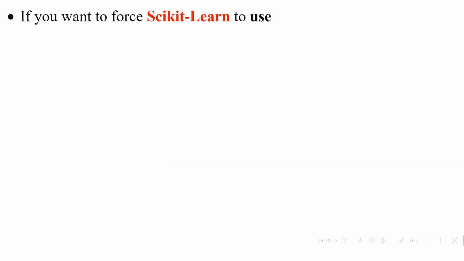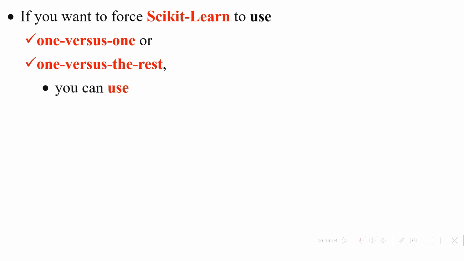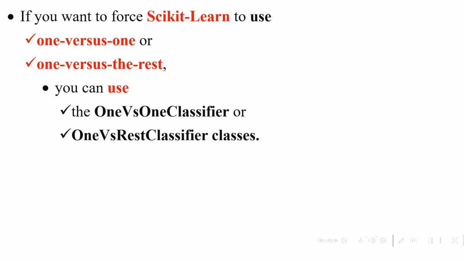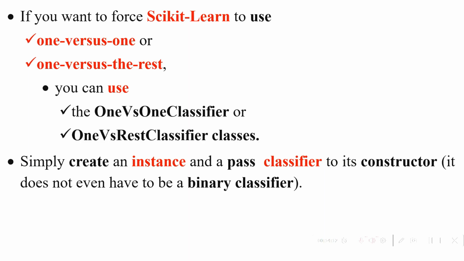If you want to force scikit-learn to use one versus rest or one versus one, you can use the OneVsOneClassifier or OneVsRestClassifier classes. Simply create an instance and pass the classifier to its constructor.